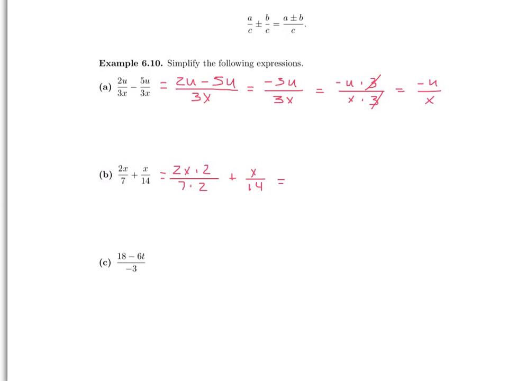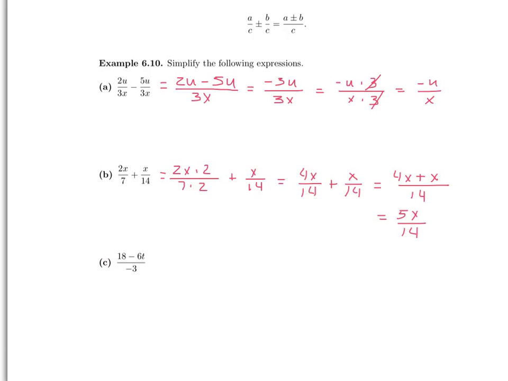So if I simplify the fraction, the numerator is 4x, the denominator is 14. This is added to x over 14. Now I have two fractions with the same denominator. I add the fractions by adding their numerators, and I leave the denominator alone. When I add the numerators, I arrive at 5x over 14.